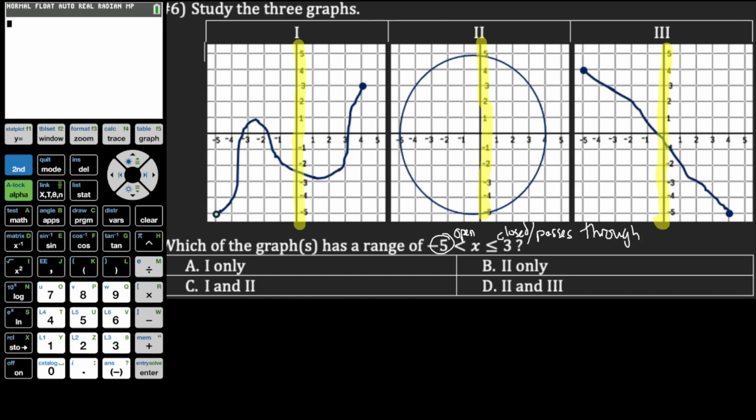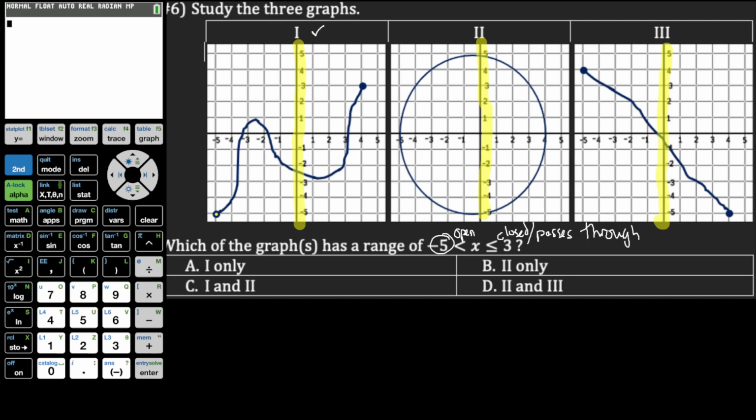So where is that? Well, looking at our options, the first option is good. It's at -5, open circle, and it has a closed circle on +3, so that one works.